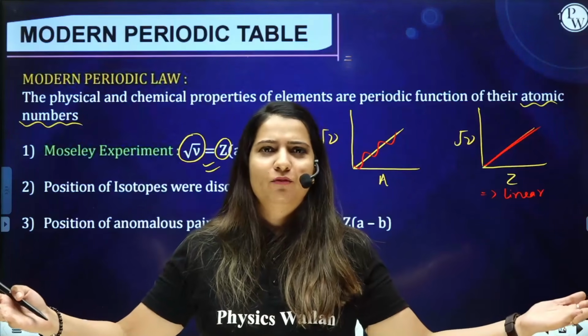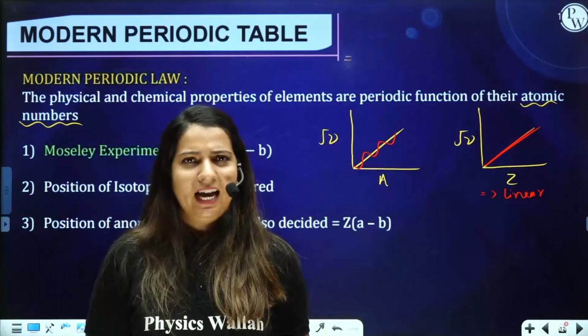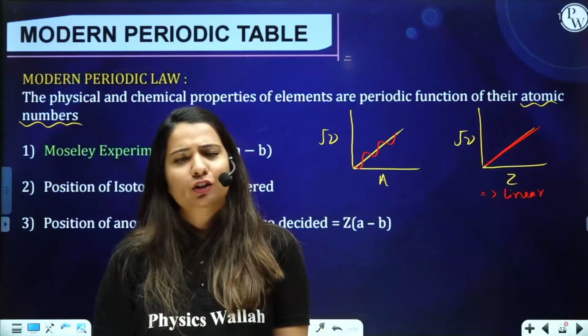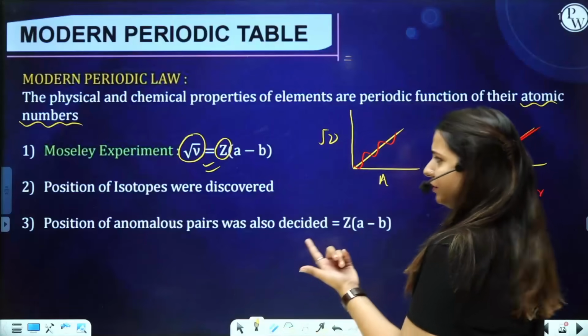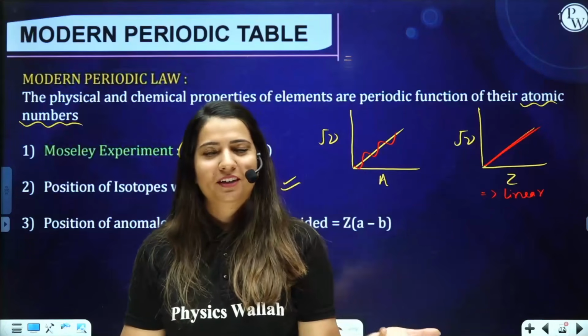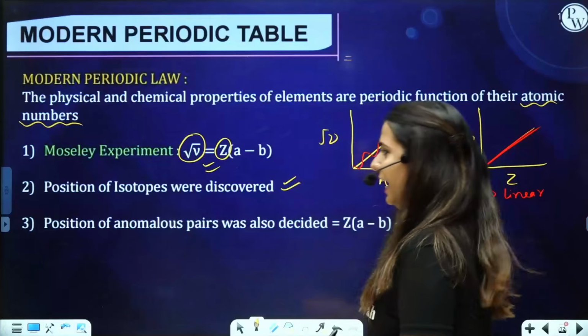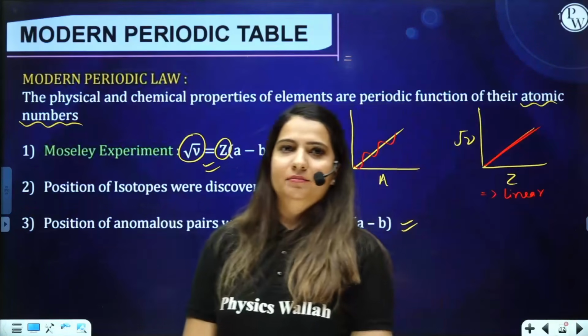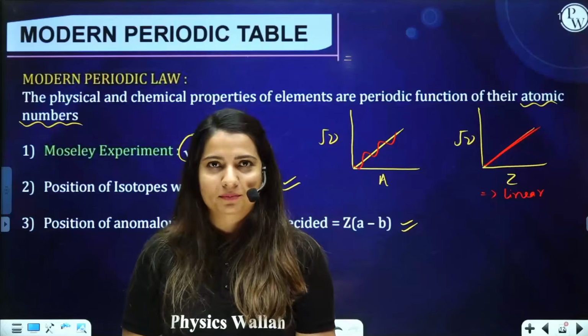Here everything has changed and now there is no problem. Isotopes: we are not taking atomic masses, so why would isotopes be considered? They were not included in the periodic table because we are taking atomic numbers. The position of anomalous pairs is already corrected. Any problem? There was no problem.